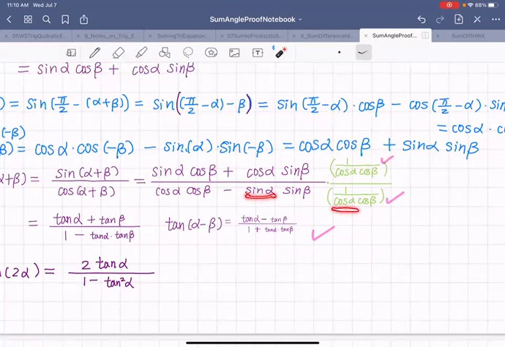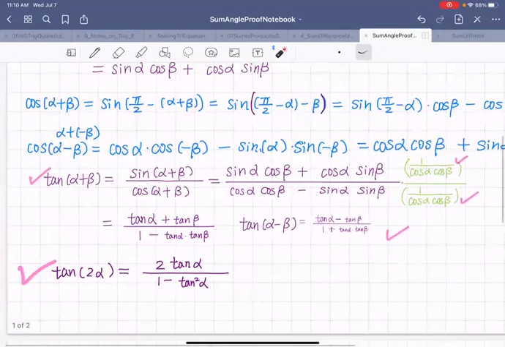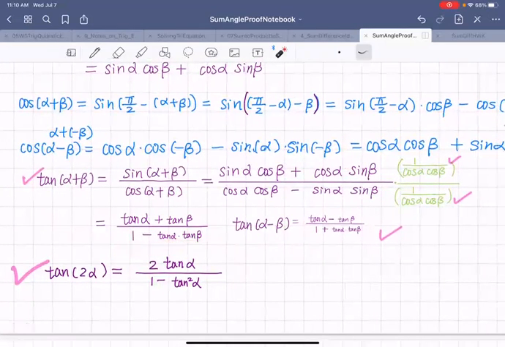Sine alpha divided by cosine alpha is tangent, sine beta divided by cosine beta is tangent. So the answer becomes tangent alpha plus tangent beta divided by this. Does this make sense? If we want tangent alpha minus beta, we do tangent alpha plus tangent negative beta divided by 1 minus tangent alpha tangent negative beta. This tangent beta is negative, so you put negative here. Minus negative is plus, so you have it here, okay?